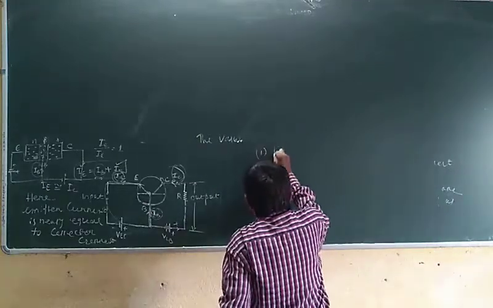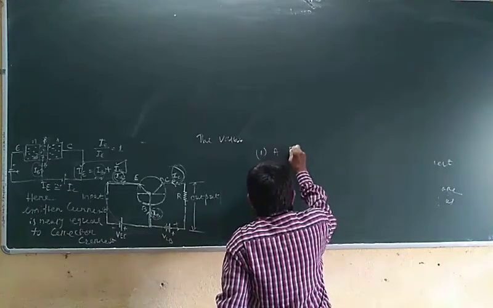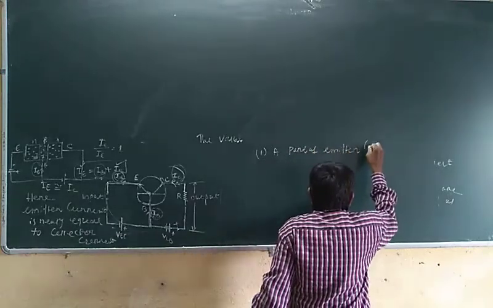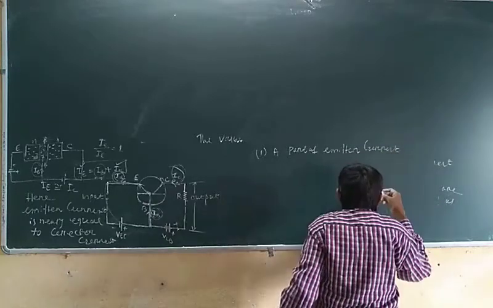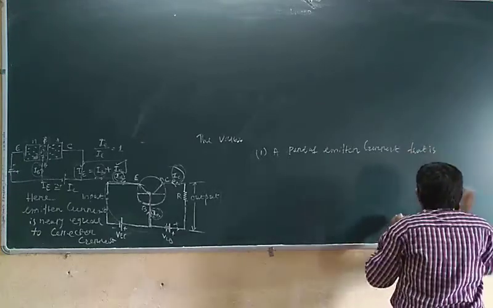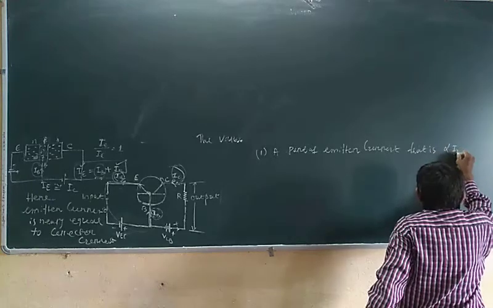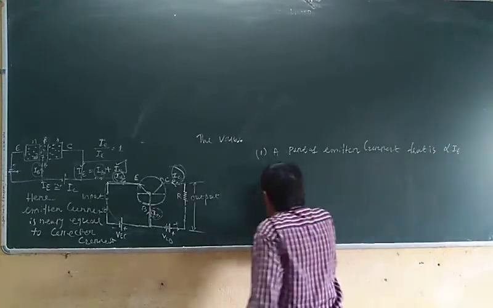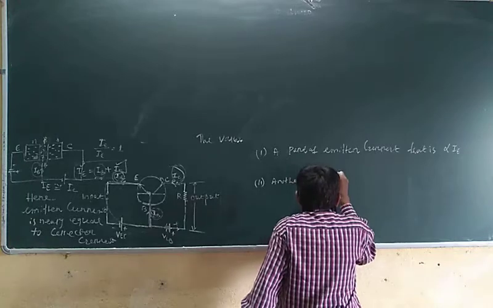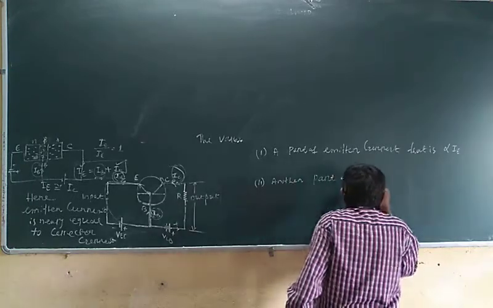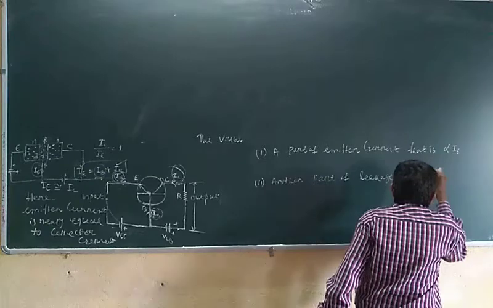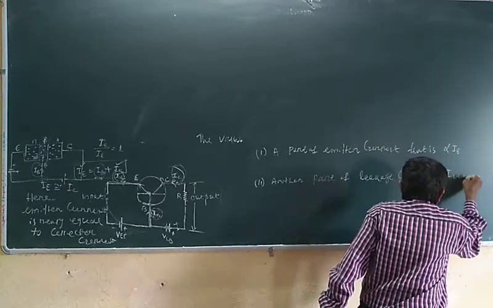One is a part of the emitter current, that is alpha IE, and another part is the leakage current, I leakage.